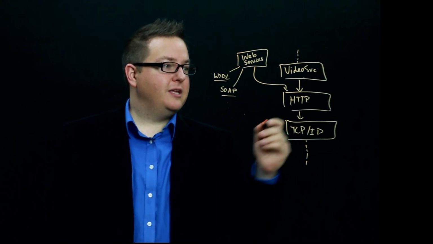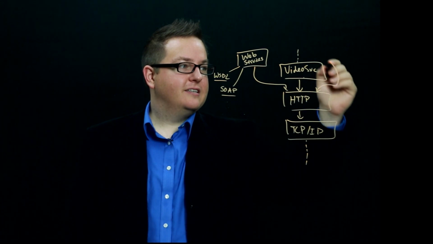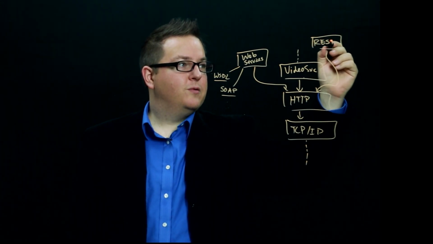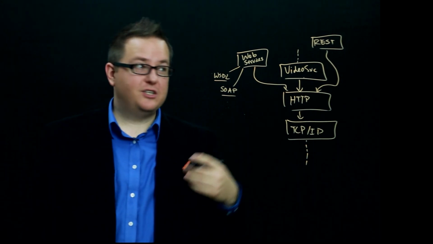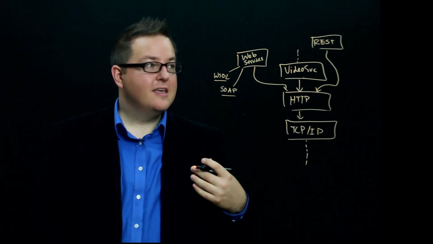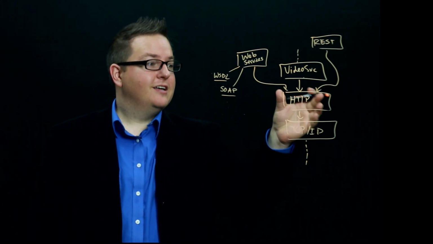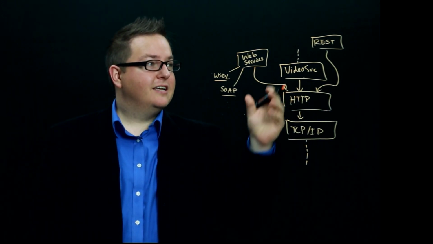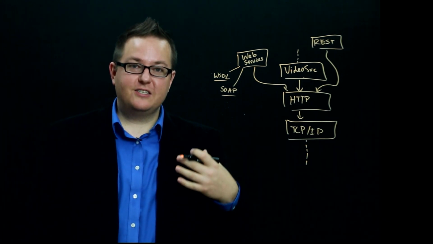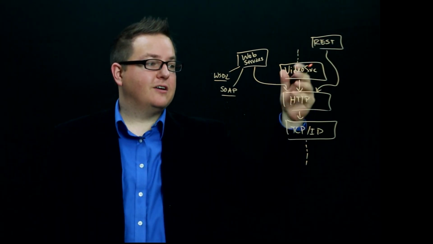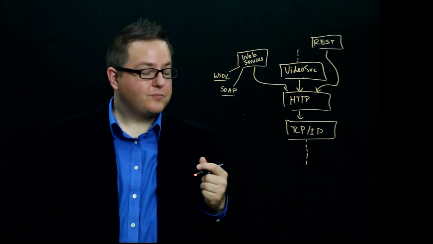Similarly, the really popular thing that you hear these days is about REST. A REST API is a representational state transfer API. This was something that was laid out by Roy Fielding in his PhD dissertation, and it's a very specific set of rules for building a protocol and interface on top of HTTP.